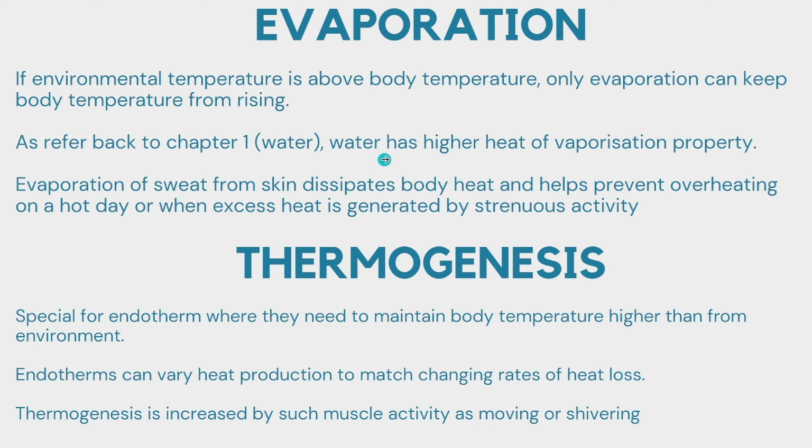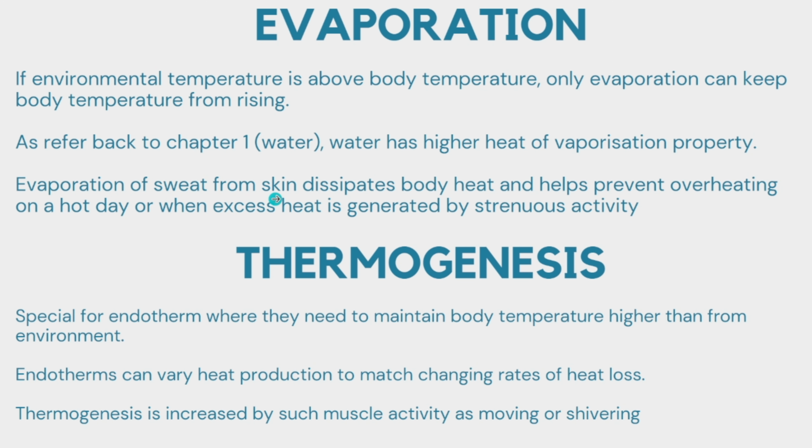So this is actually a recap of chapter 1, because water has a higher heat of vaporization. Evaporating water is very difficult compared to other types of liquid, because the energy required to evaporate one water molecule is very high.